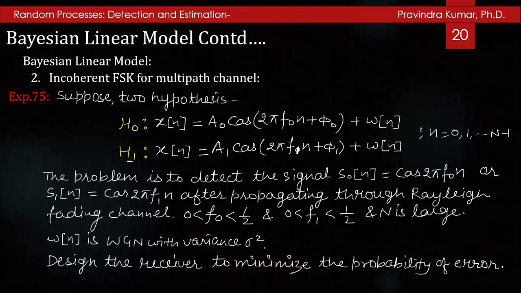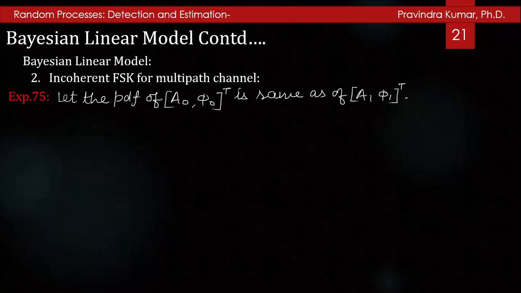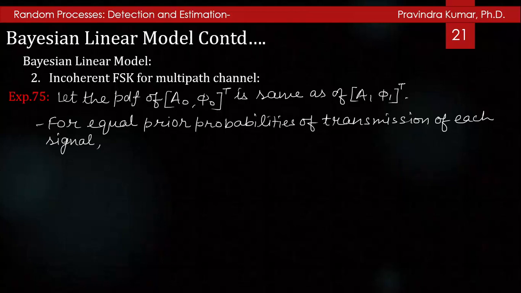Now design the receiver to minimize the probability of error. So assume the Rayleigh fading model for the sinusoidal amplitude and phase, and the PDF of [A0 phi 0] transpose is the same as the PDF of [A1 phi 1] transpose. We wish to design a receiver to minimize the probability of error.